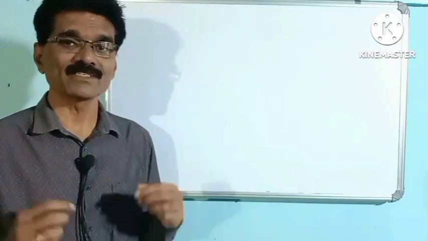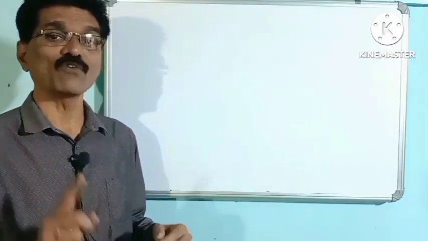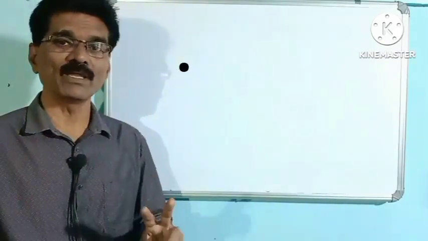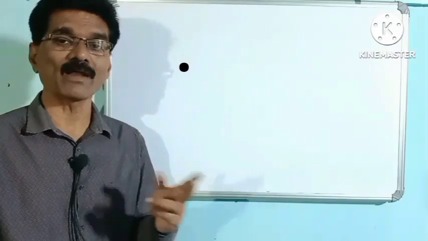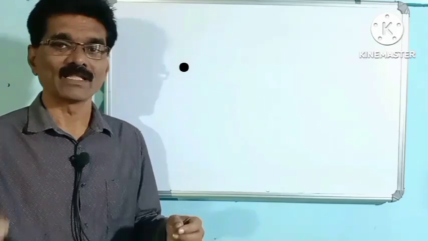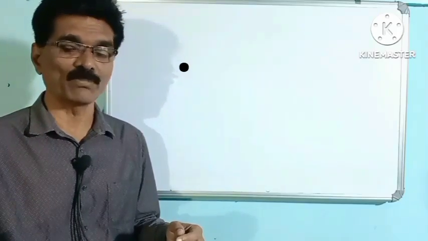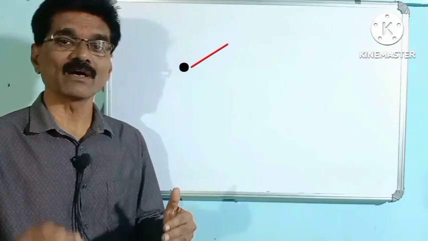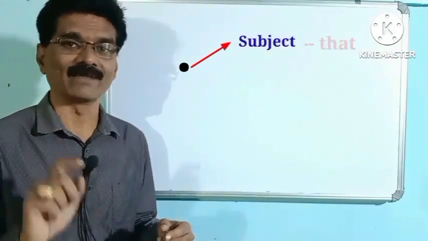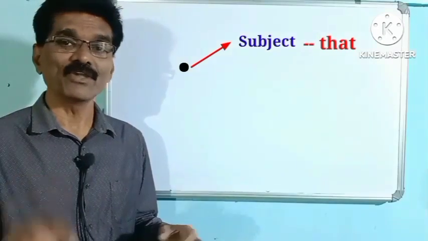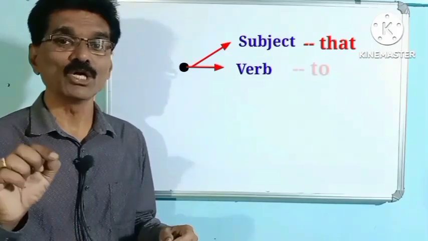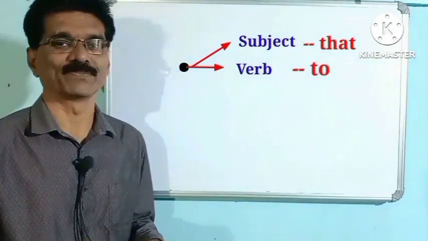If your sentence ends in a full stop, then it could be either a statement or an imperative sentence. Or very simple to say, the sentence that ends in full stop, which begins with a subject, then you have to bring in that. If it begins with a verb, then you have to bring in to before the verb.